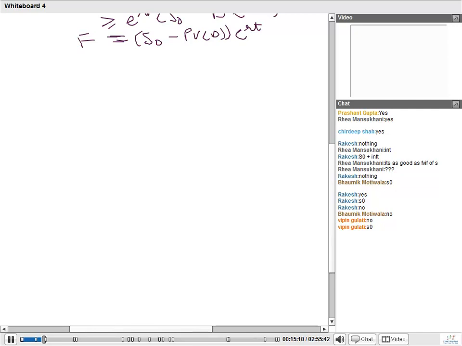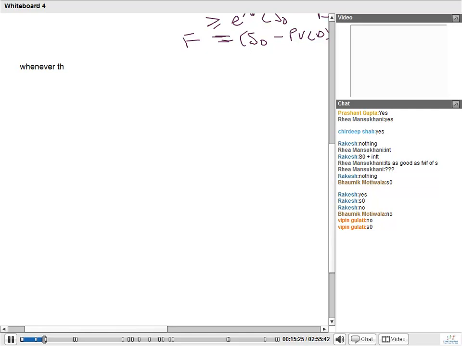So, in all formulae involving derivatives, whenever the stock is a dividend paying stock, replace S with the present value of S, or replace S with S minus the present value of the dividend payment.